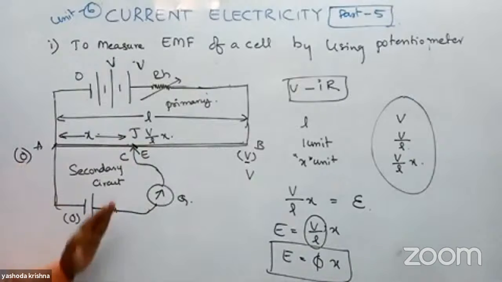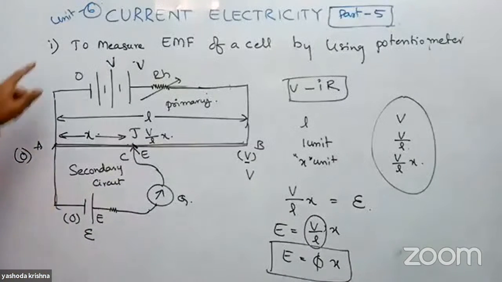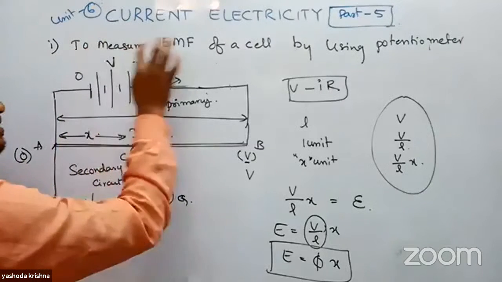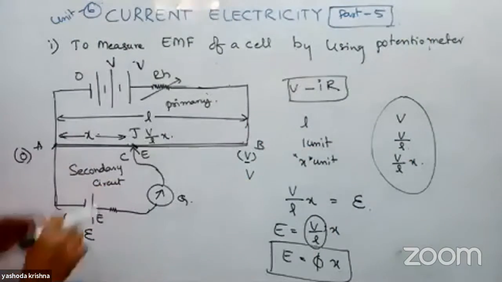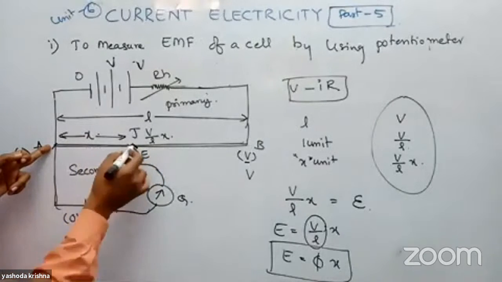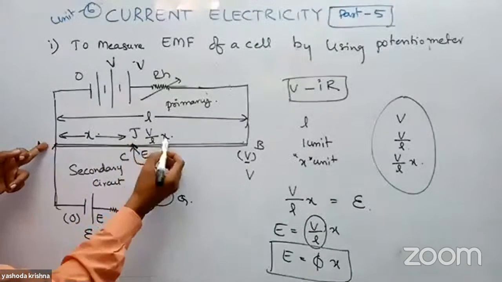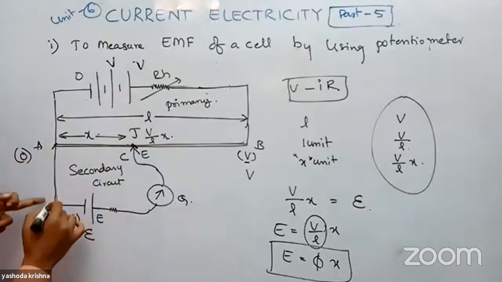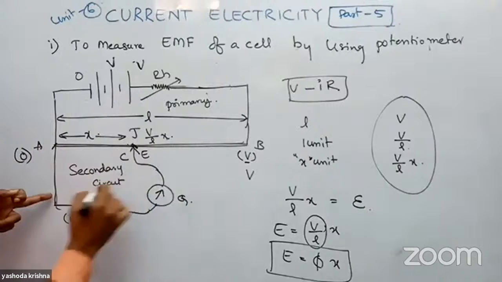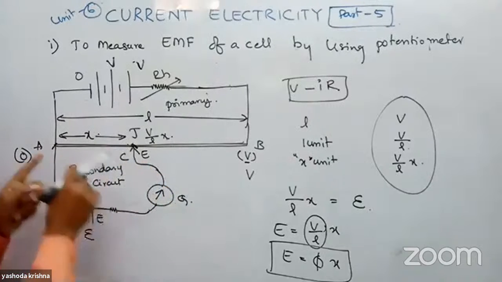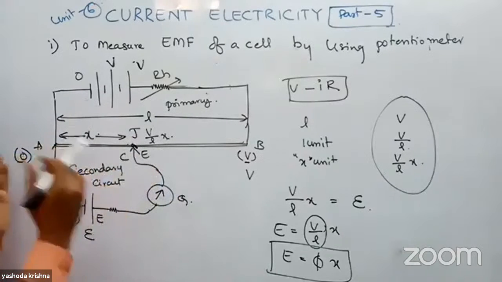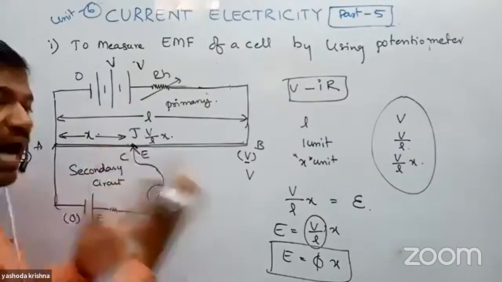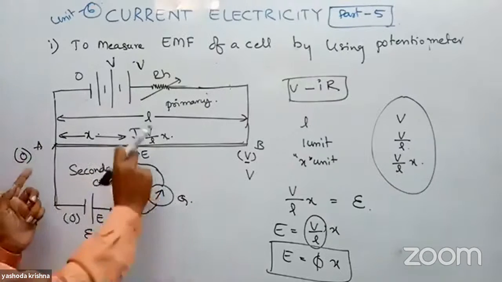This is to measure the EMF of a cell by using a potentiometer. For point to point on the potentiometer, what is the potential difference? V by L into X. But here current does not flow for the secondary circuit, because this is balanced. How to identify that this total circuit is balanced?